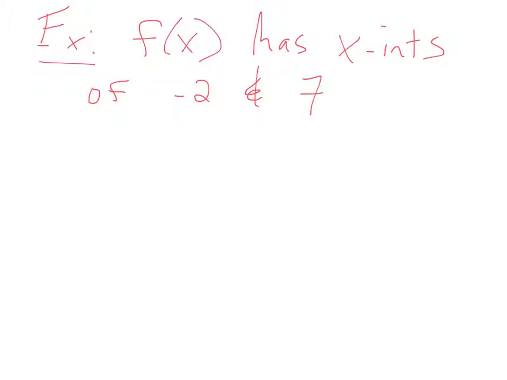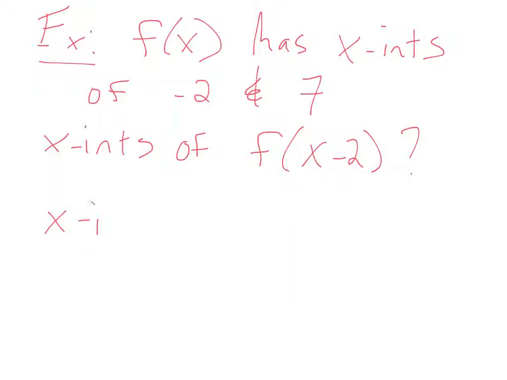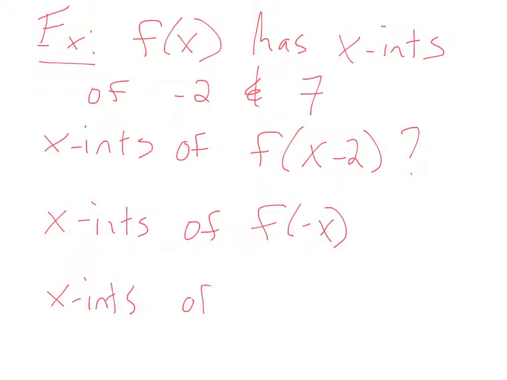What would be the x-intercepts of the function f of x minus 2? What would be the x-intercepts of the function f of -x? And what would be the x-intercepts of the function 2 times f of x?